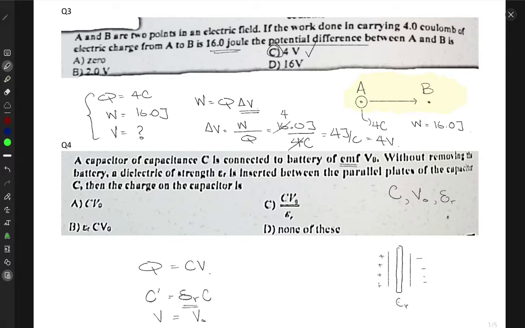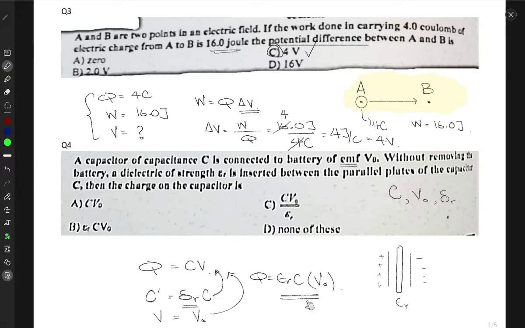So now let's just substitute all of these back into this equation, and that gives you the charge as epsilon R times C for the capacitance. So this is all for C, this thing C, right? And then we have voltage, so that's V naught.